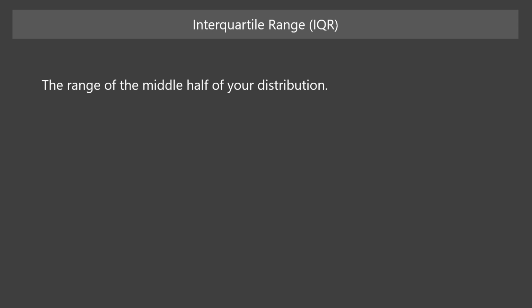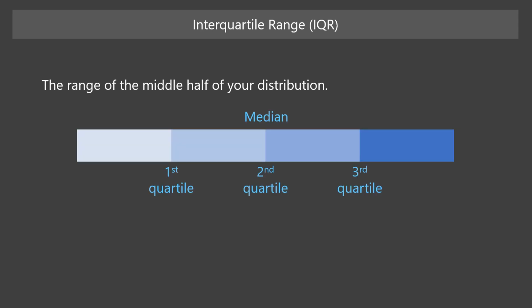Interquartile range, often called IQR for short, is another measure of variability. IQR is the range of the middle half of the distribution. To understand the interquartile range, first, we need to know the construct of quartile. A quartile is a point that divides the sorted data into 4 equal sizes.